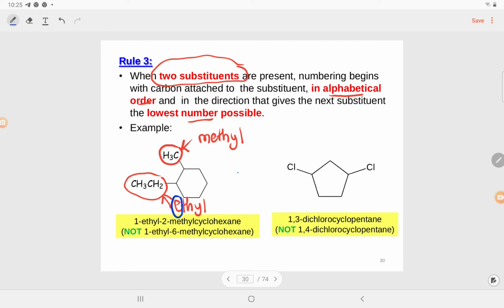E comes first, this is M. So this is why E, the first alphabet, comes first. This must be carbon number 1, and this is your carbon number 2. Your longest carbon ring contains 6 carbon atoms, so your parent is cyclohexane. And the name must be arranged following the alphabet. E comes first. So the name must be 1-ethyl-2-methylcyclohexane.